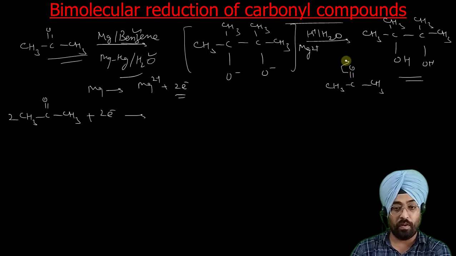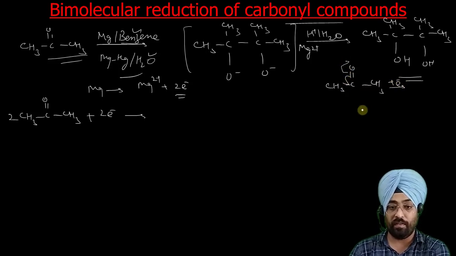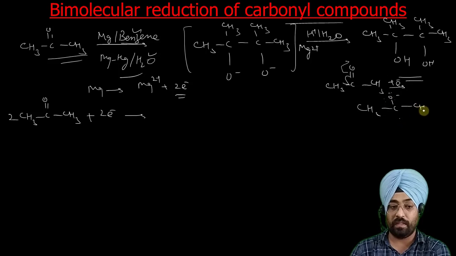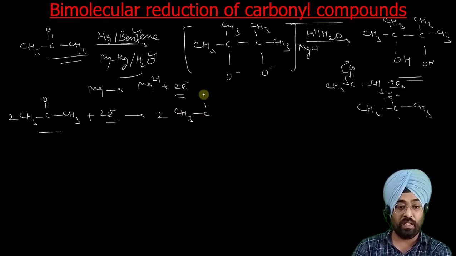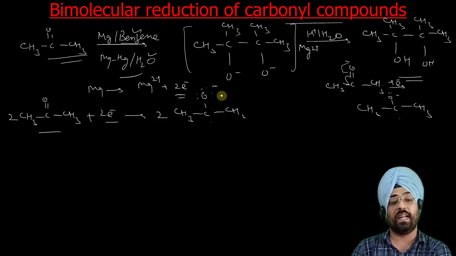This is similar to a Bouveault-Blanc step. If we add an electron, we get CH3C(O negative radical)CH3. Similarly, with two acetone molecules and two electrons, we get two such species. This is called a radical anion.